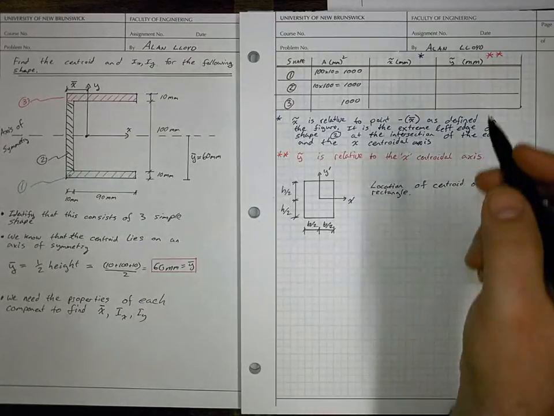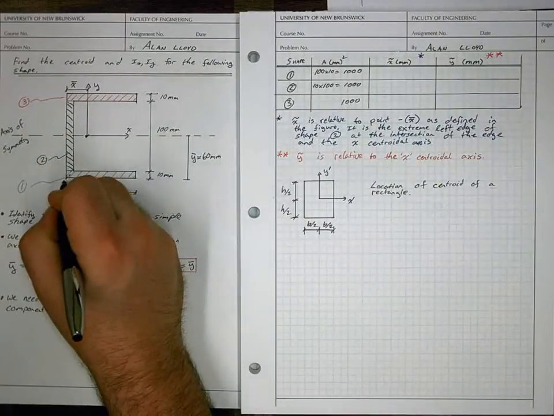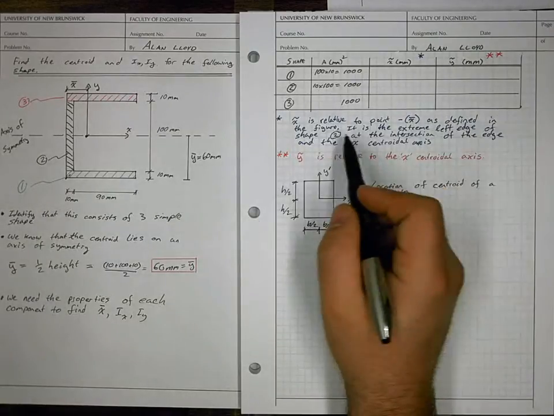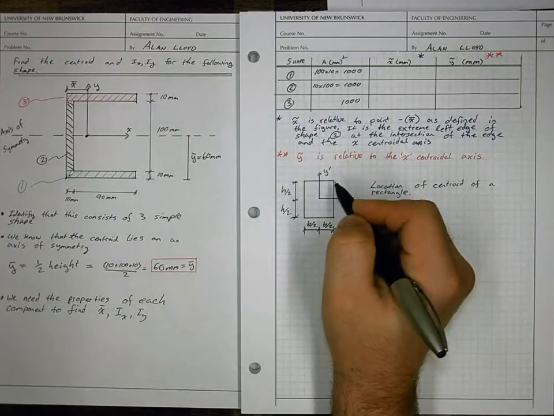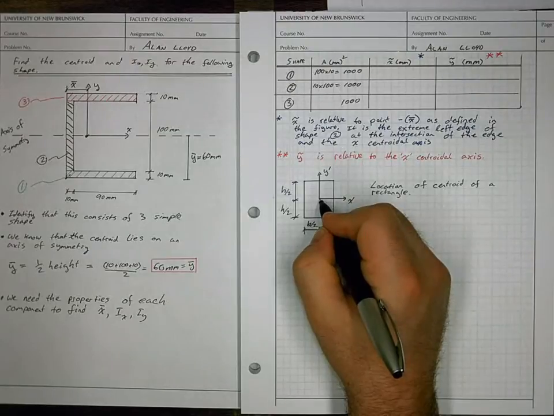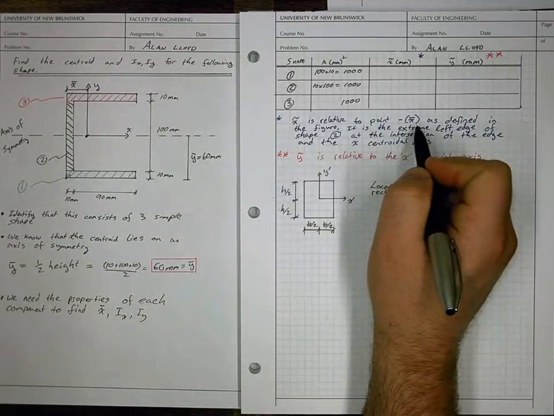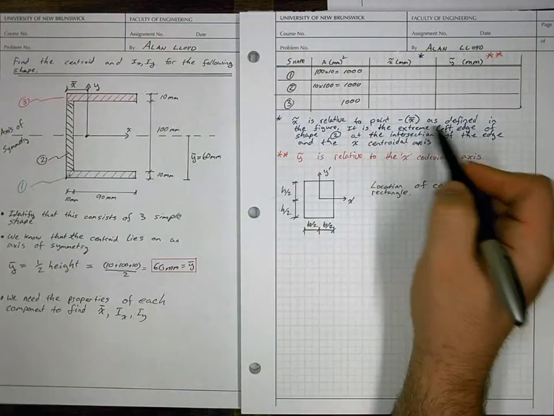So that means that x tilde here, which would be the centroid of our individual shape component, is defined relative to the point minus x bar on the x-axis.